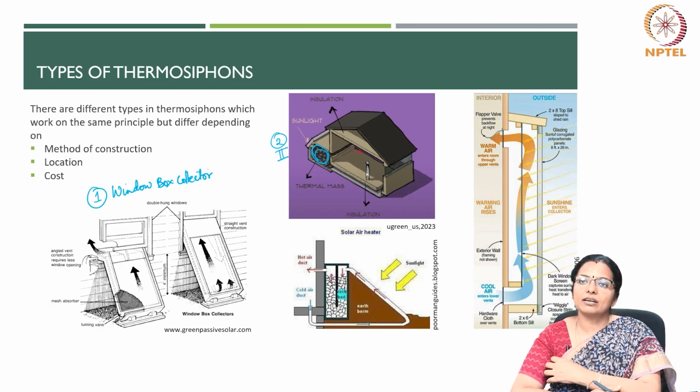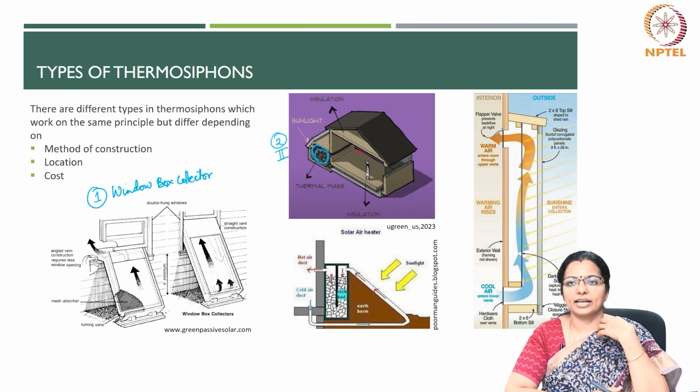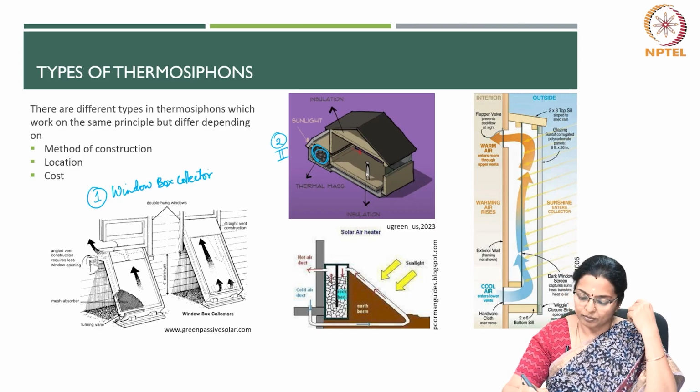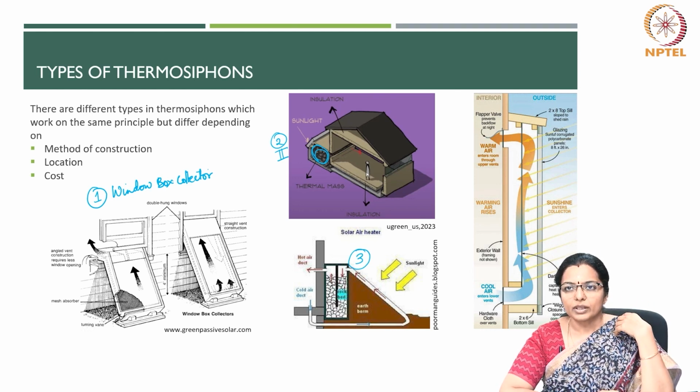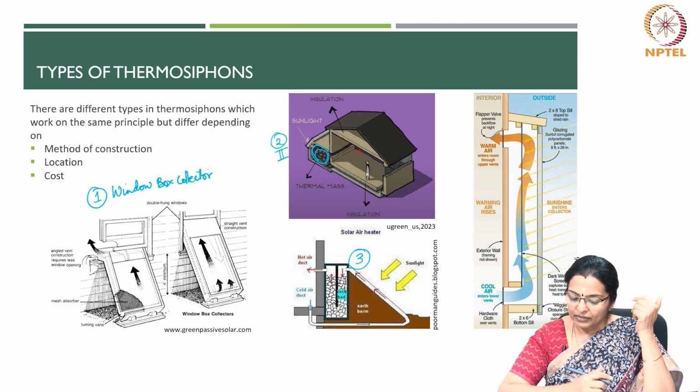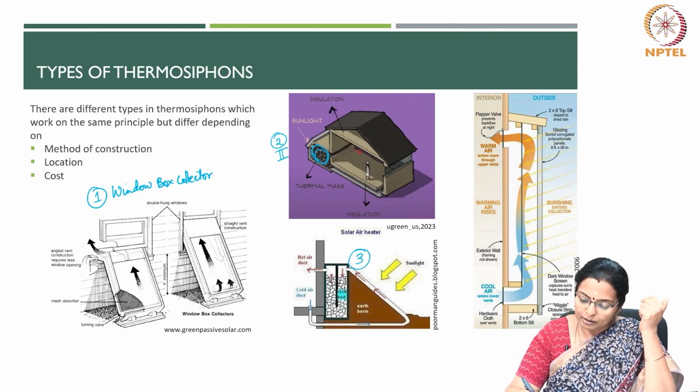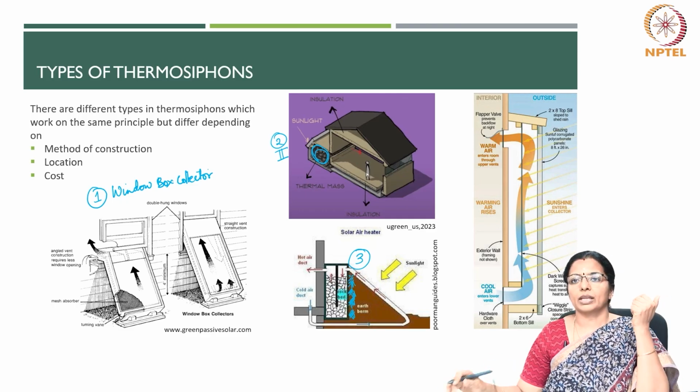The third is the thermal mass solar air collector with earth berm. This is a variation of the thermal mass solar air collector, except that there is an earth berm on one side, which acts more for insulation too.